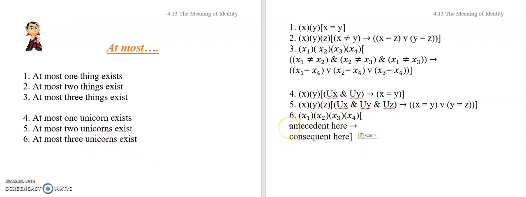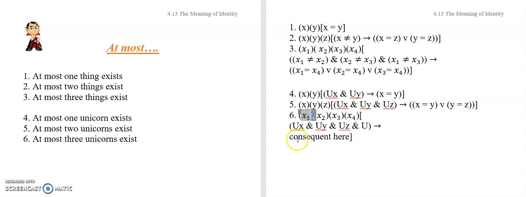So what's the antecedent? Well, the antecedent in this case is going to be very similar to the antecedent here, except you're going to have four, right? If X1, 2, 3, and 4 are all unicorns, all right, then something else follows. So let's get our X1s in here.